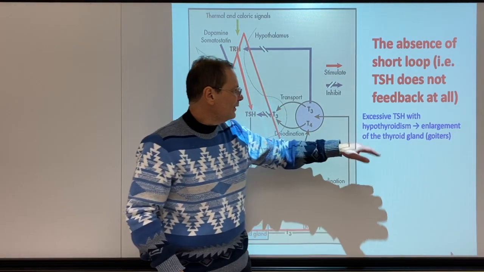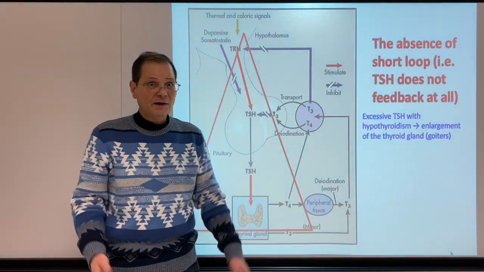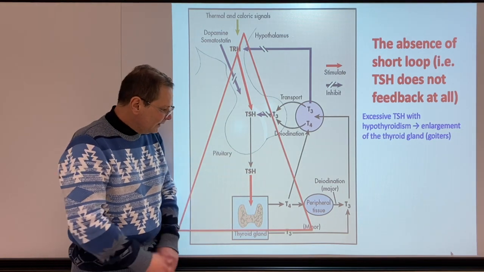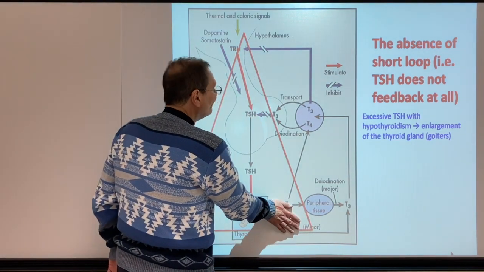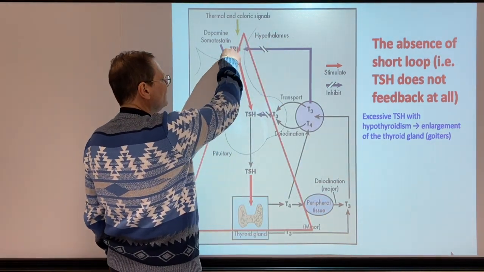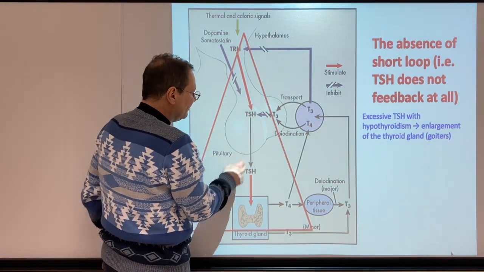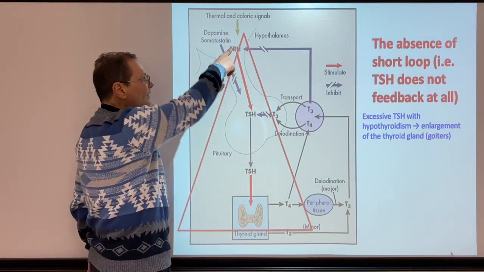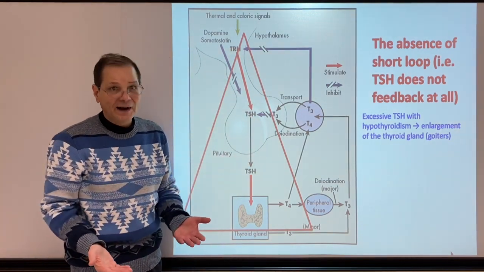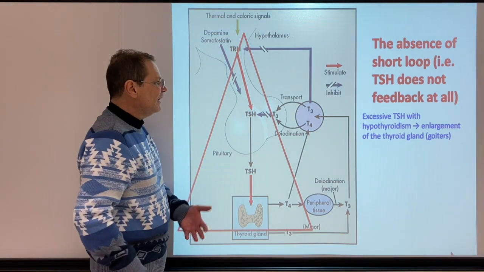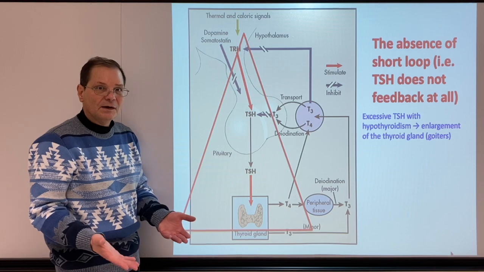And that actually has medical relevance, because if you get low T4 and T3 levels, hypothyroidism, the low levels cause an increase in secretion of TRH and an increase in secretion of TSH. And because the TSH doesn't feed back upon the hypothalamus, the TSH levels get extraordinarily high with hypothyroidism, much higher than you'll see with decreases in some other hormones.